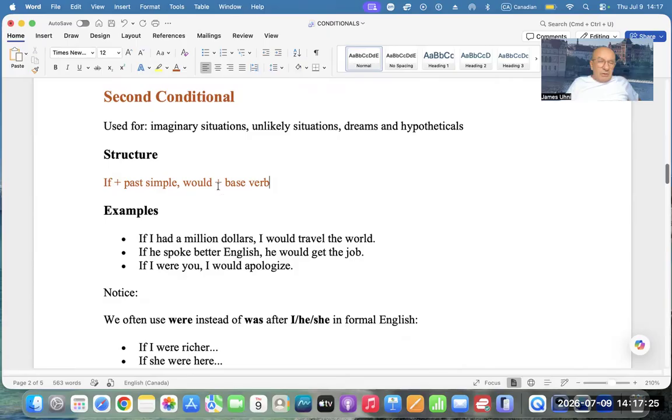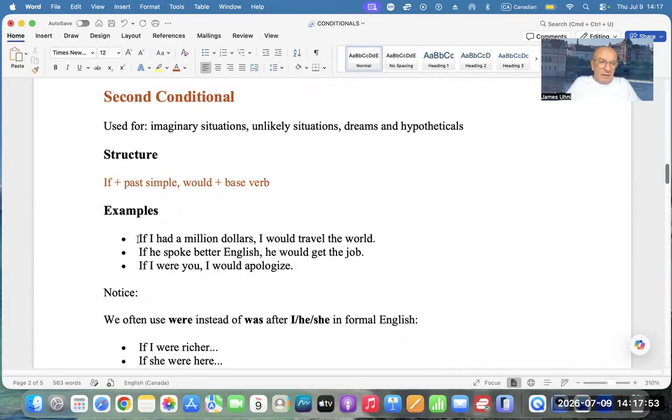The answer is yes, would is the past simple of will. I will go there to help him. It's a simple sentence. I would go to help him, but I was lazy, so I didn't go. That's what would stands for.